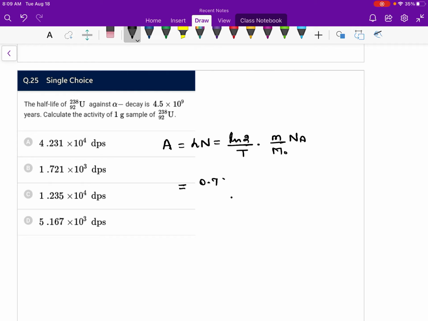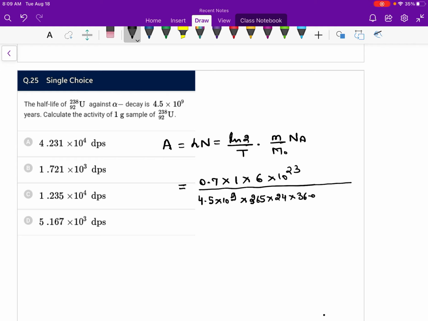So this is 0.7, mass 1 gram, into Na 6 into 10 to the power 23 upon capital T, which is 4.5 into 10 to the power 9 years, and we need to convert into seconds. So 4.5 into 10 to the power 9 into 365 days into 24 hours into 3600 seconds.